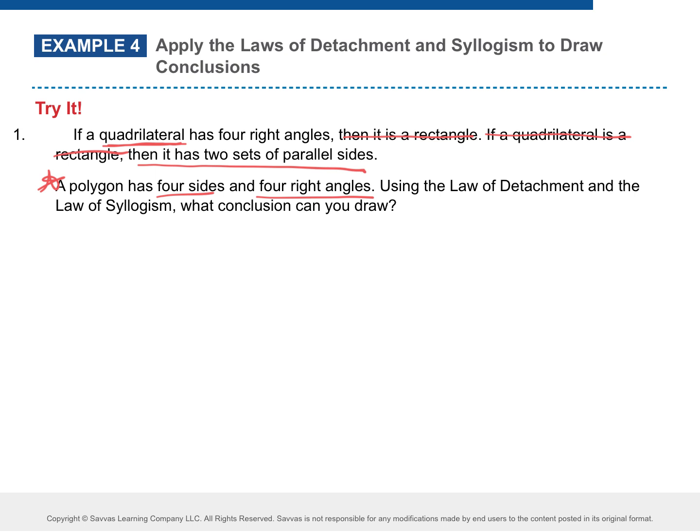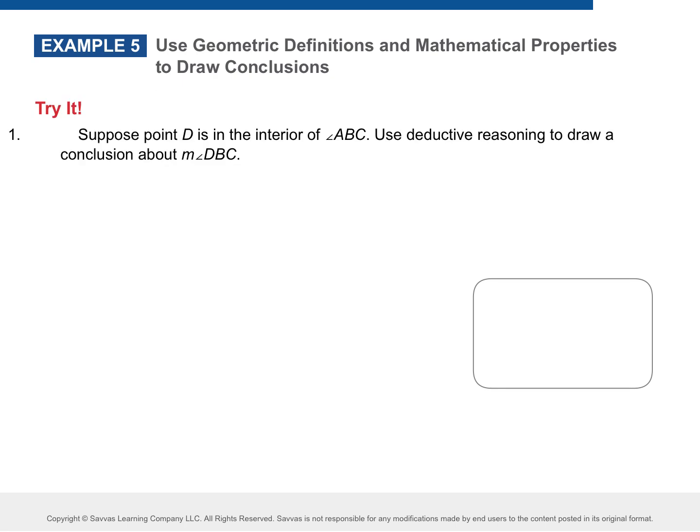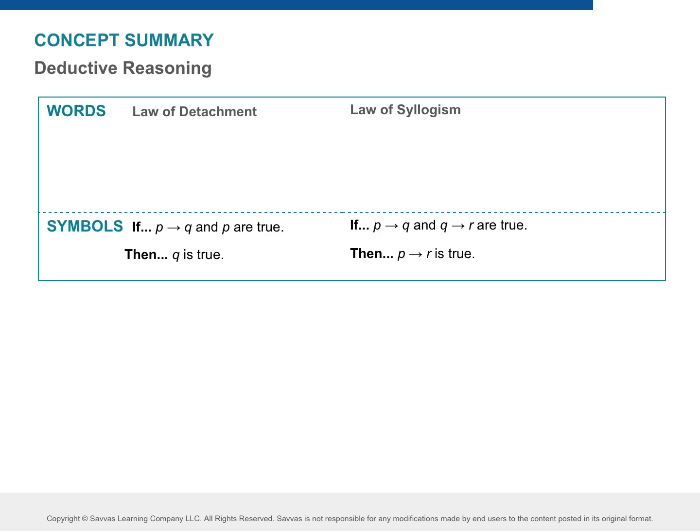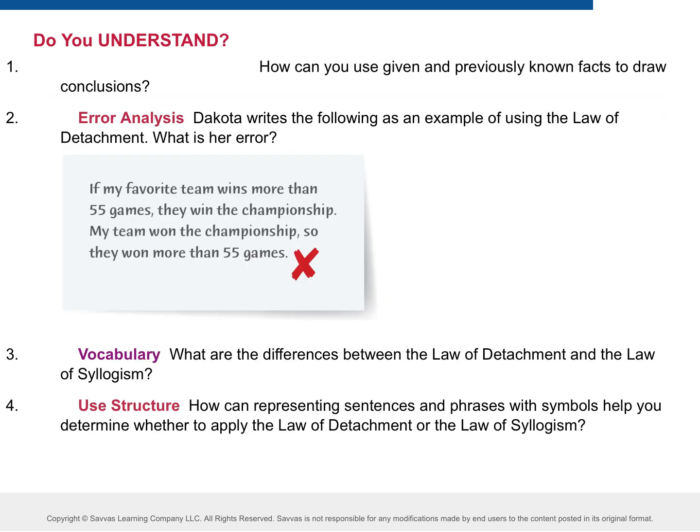Go ahead and flip to the back of your notes. On number 2, the error analysis. Dakota was using the law of detachment. Well, its if-then statement is if my favorite team wins more than 55 games, then they win the championship. What he got from that is that my team won the championship, so they won more than 55 games.